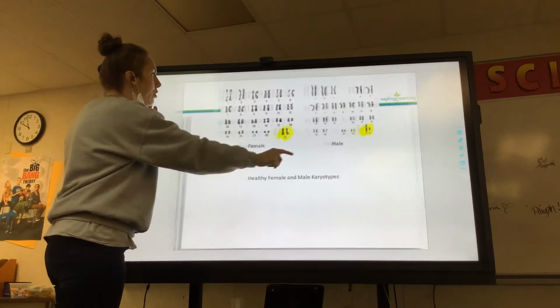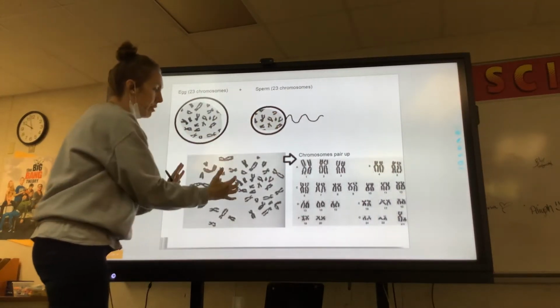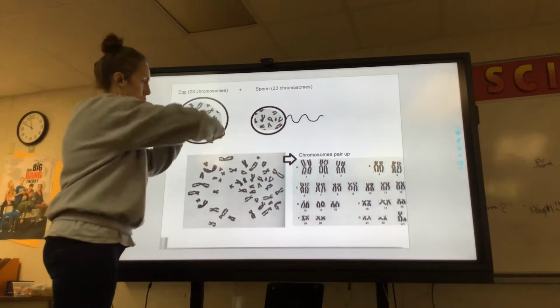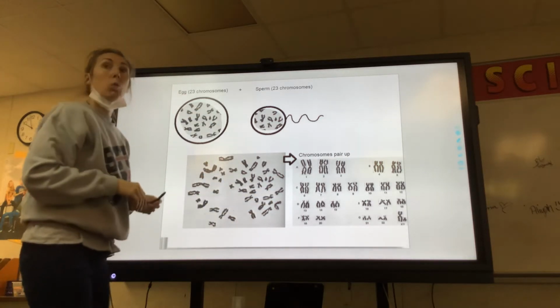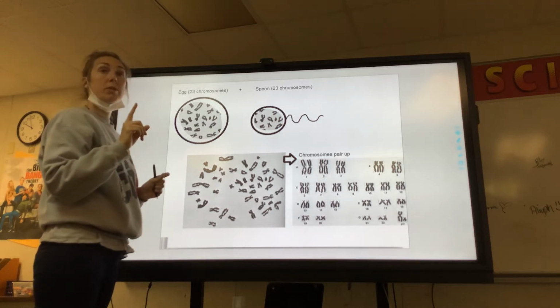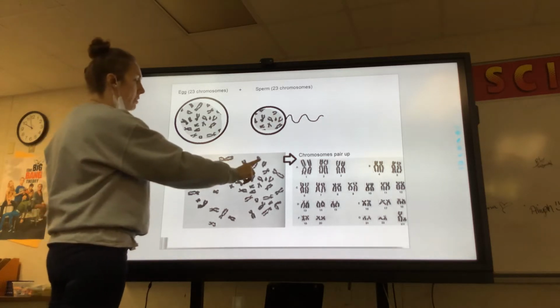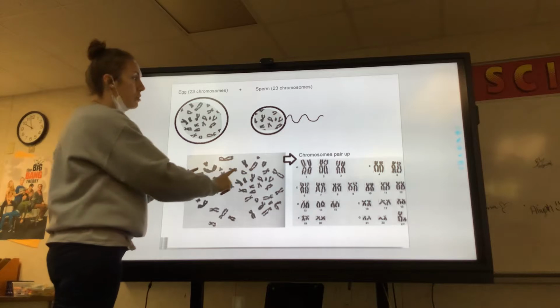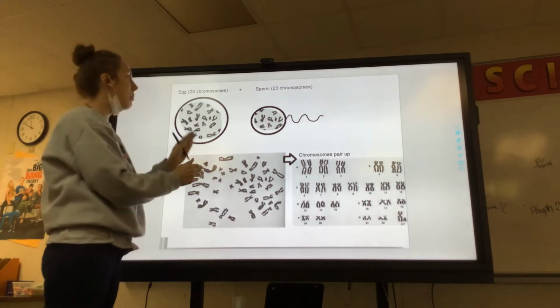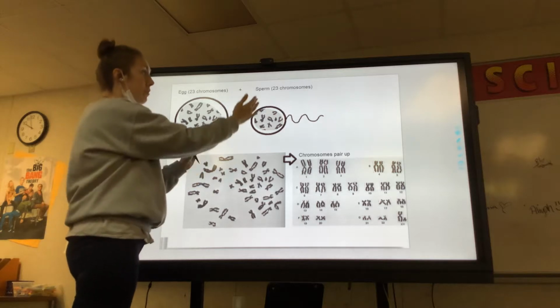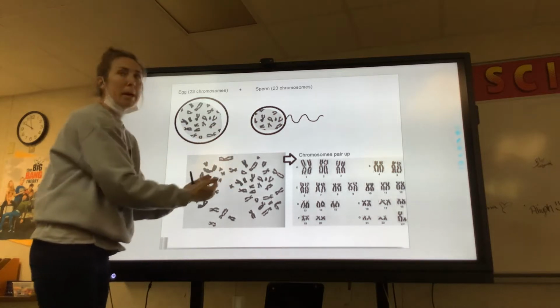And remember, in your nucleus, you got half from your mom, half from your dad of every cell. And then you crack it open, and you're like, oh, this looks like a mess. What you do, now look up here, this is a little bit tricky. You have to match the chromosomes that are paired up, one from your mom's egg, one from your dad's sperm, and they actually make pairs.